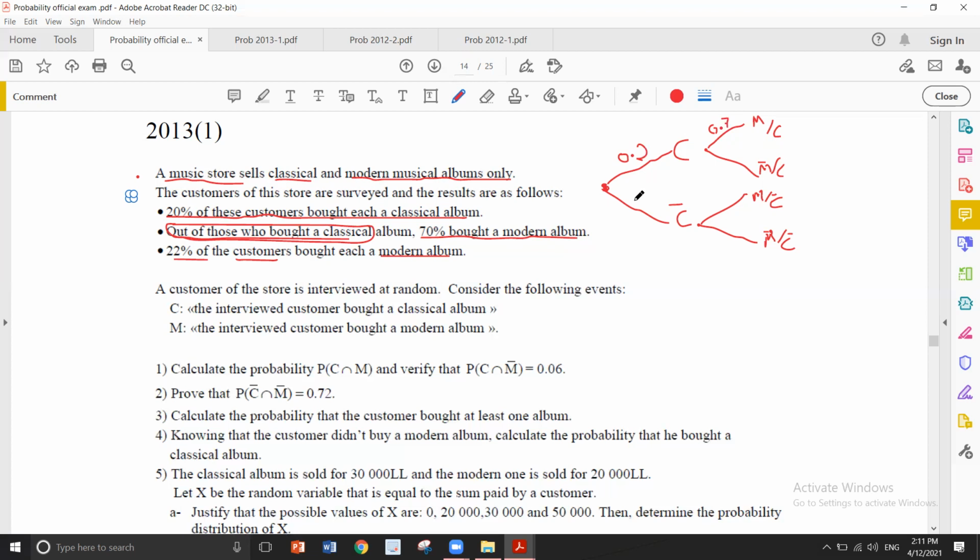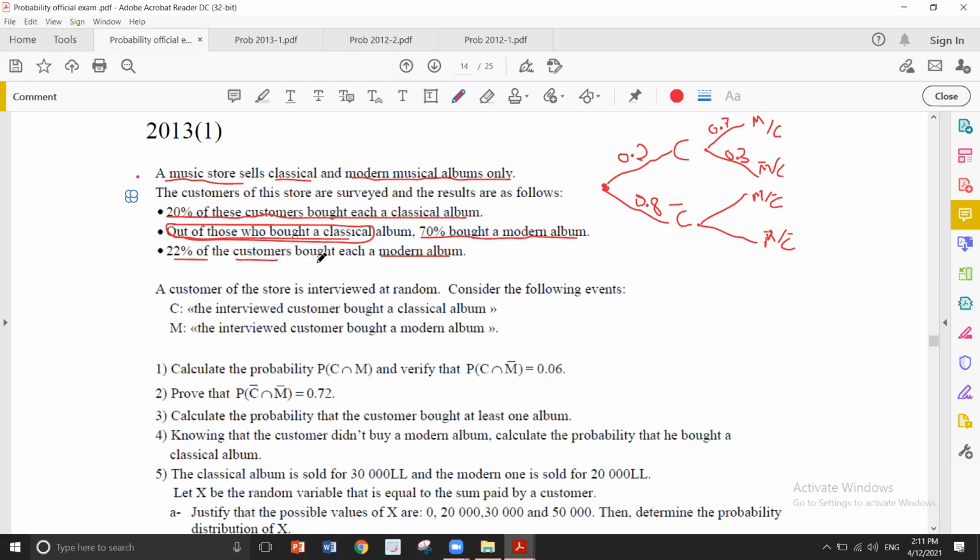How much will be the number here, not classical? 0.8. And here? 0.3.